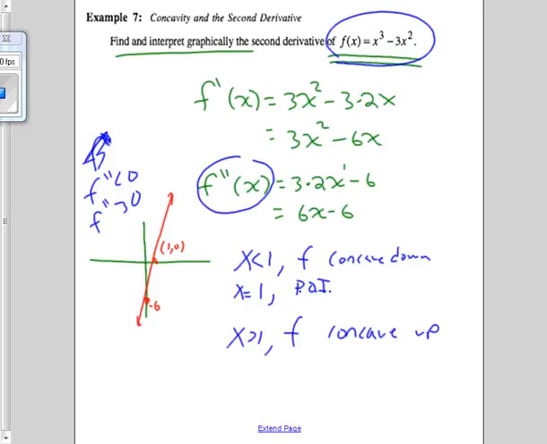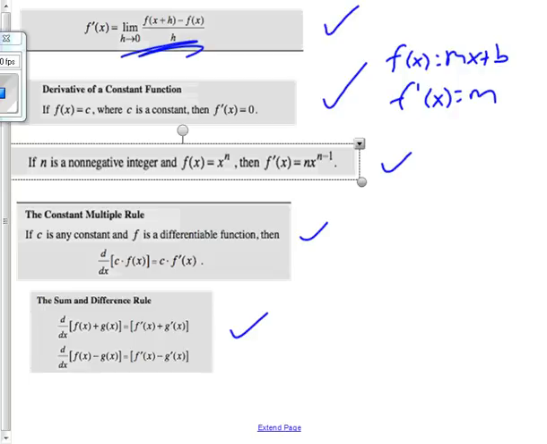So that's it. What we did today, just to kind of go back to the main page, is develop some important rules. Here they are. We started off with the limit definition of derivative, but now we've extended that to some rules where we don't have to use this anymore, in certain cases. For example, if I have a function that's a constant, the derivative is 0.